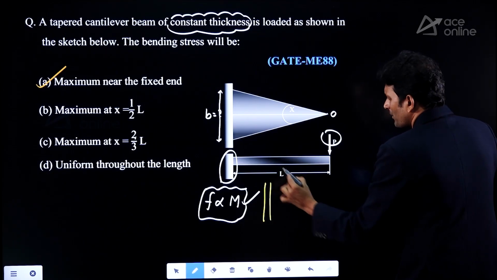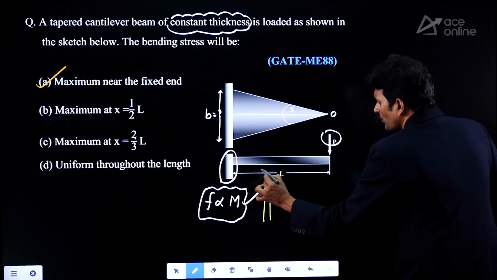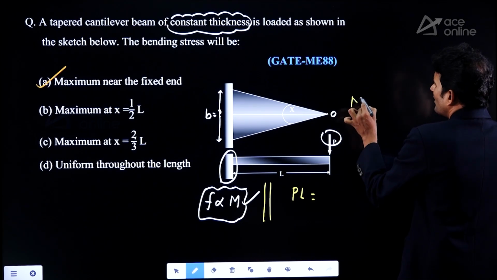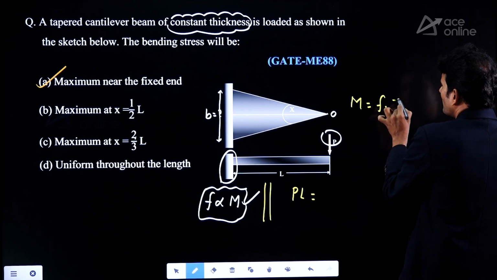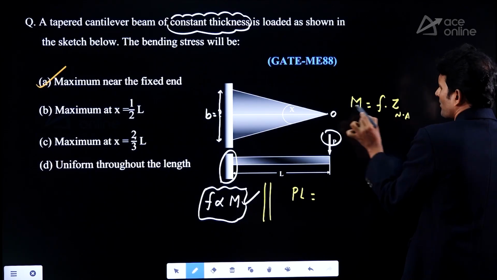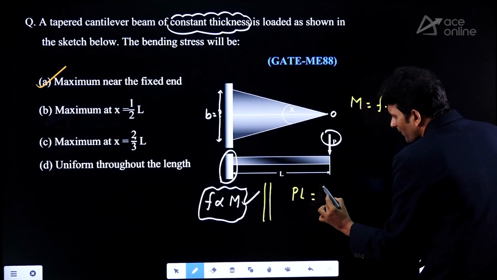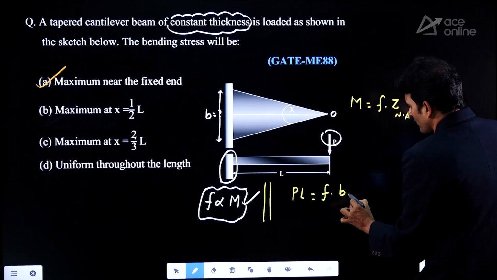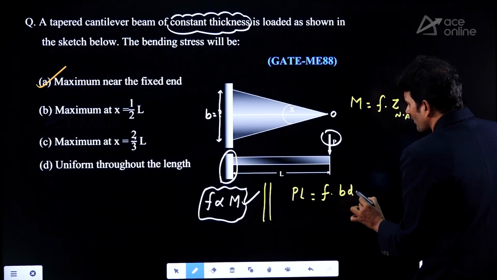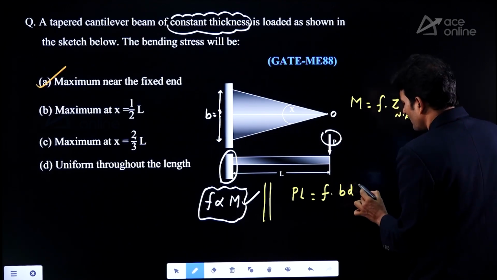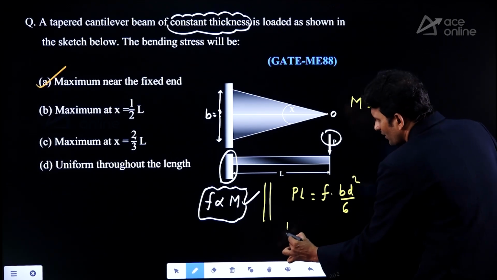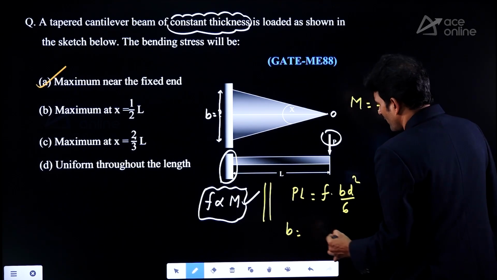What is the maximum bending moment available at the fixed end? P into L. That bending moment I can take as F into ZNA. How much B we are providing? Just you can verify that. So F into B D square divided by 6, where the thickness is D. So how much width I need to provide to make the uniform strength?